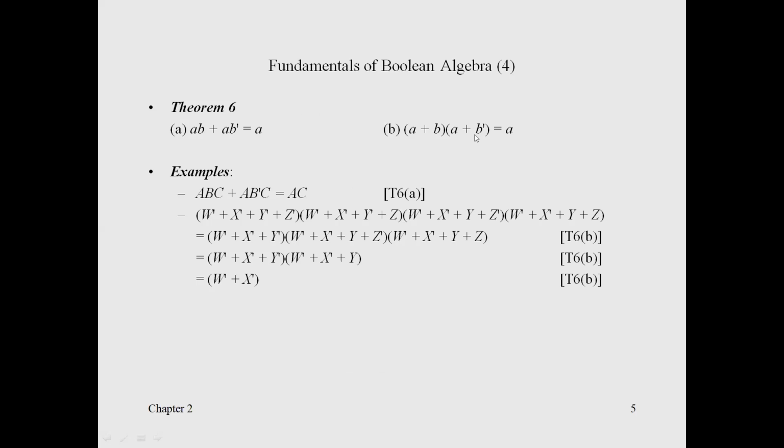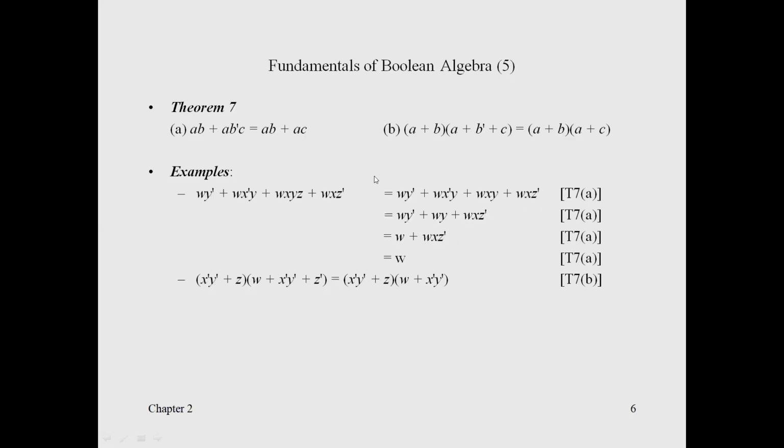A plus B into A plus B bar: one is the simple form and another is the complement form of a variable. If you multiply this, it will give you A, since theorems 1 to 5 or 1 to 6 will apply, and if you simplify you will get A. You can simplify it by yourself also.